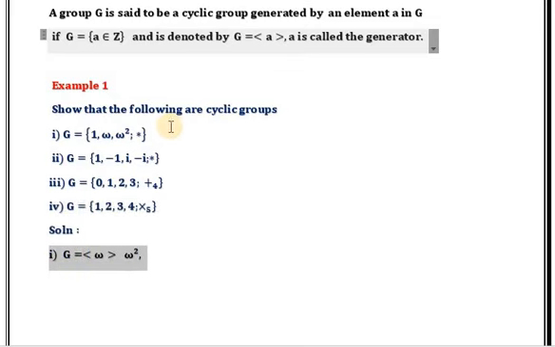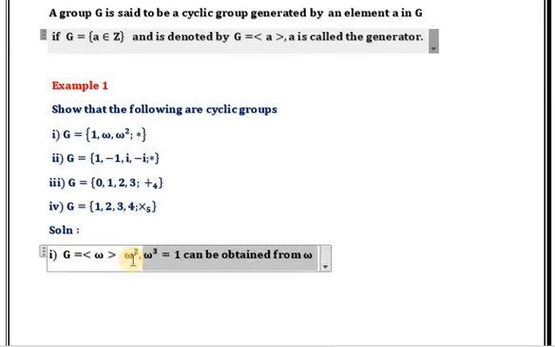See, the first group is G equal to {1, omega square, omega} with respect to multiplication. Now, let us consider omega as a generator, then omega square and omega cube equal to 1 can be obtained from omega. Therefore, omega is a generator of G.